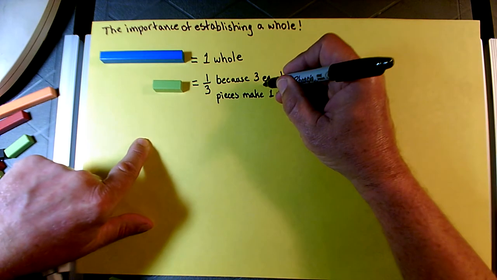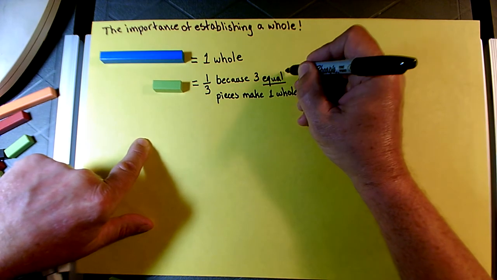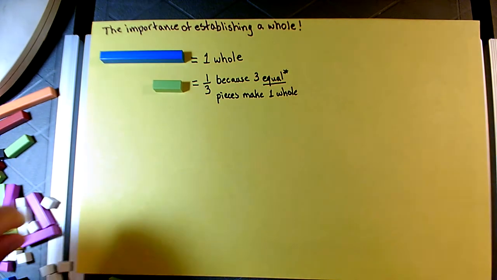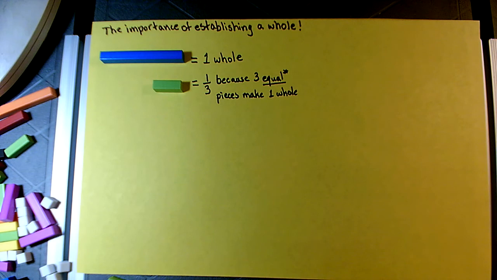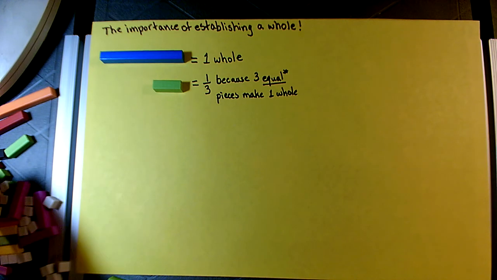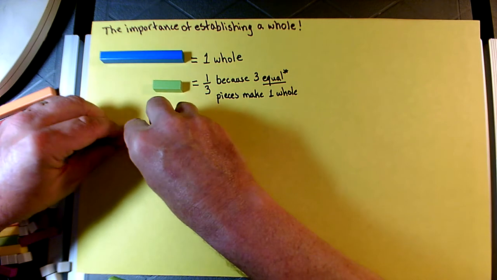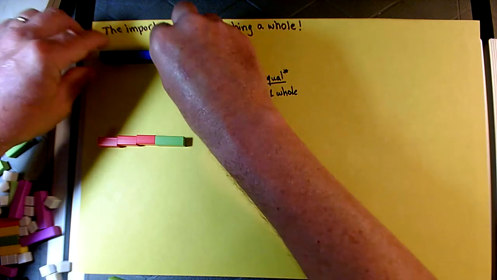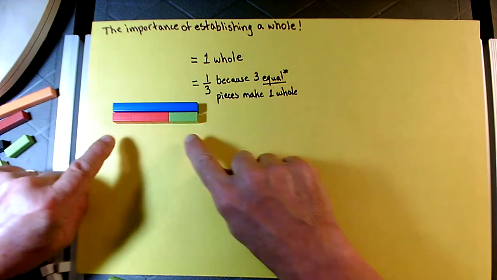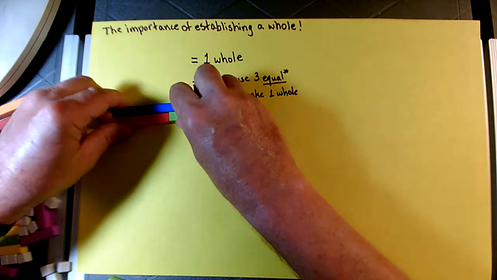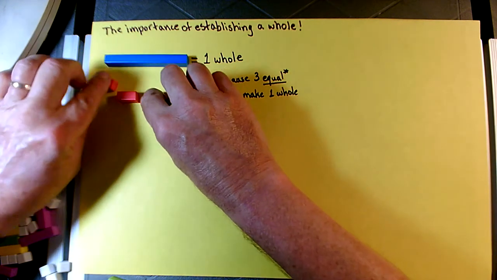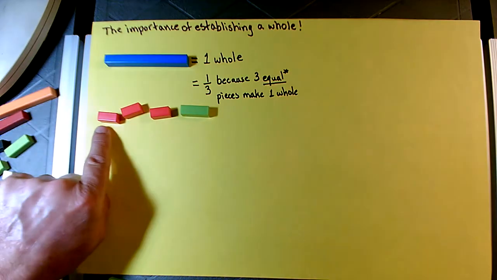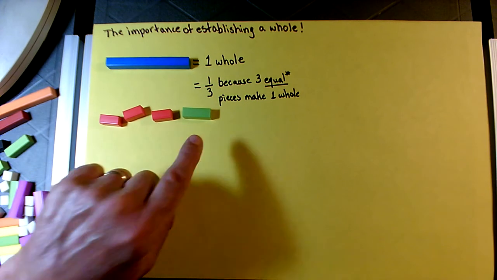But I want to underline something and maybe even put an asterisk next to it. Those have to be equal pieces. And here's what I mean. If a student were to build an equivalent structure and say, look at this, those pieces are also equal to one whole, and there are 4 of them, would we then say that each of those is equal to 1/4?